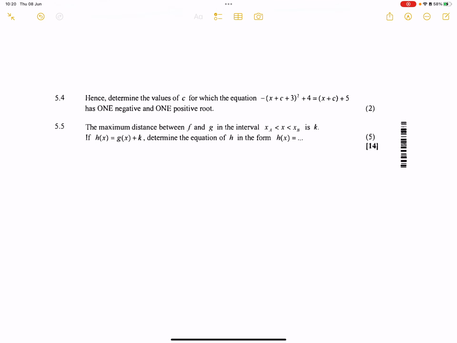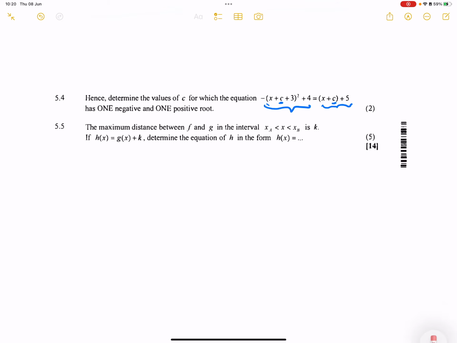Now, they say to us, hence, determine the values of C for which the equation, all right, now look at that equation there. If you think about it, it somewhat resembles a parabola, doesn't it? The only difference is that we now have that C there, and this also resembles the linear function, the straight line, right?